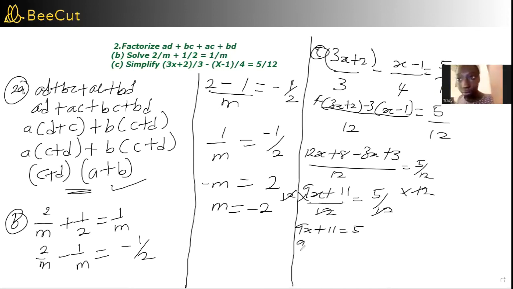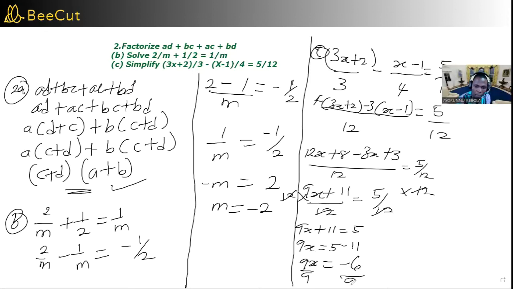So I can say 9x equals 5 minus 11. What is 5 minus 11, Tracy? Minus 6. So this is over 9, over 9. 9 cancels 9, remaining x.